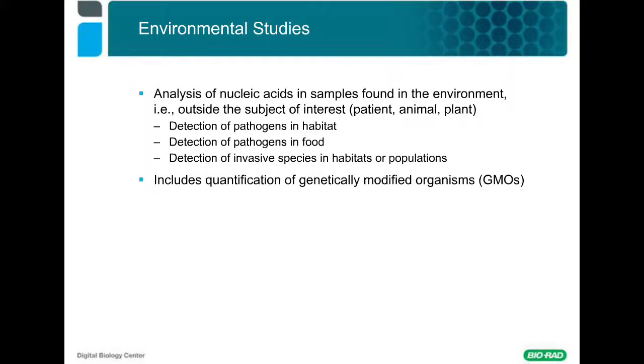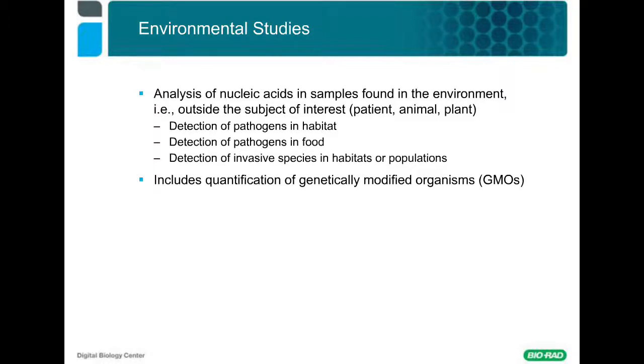What is understood as environmental studies? This is an umbrella term that can cover a variety of things, but for the purpose of this presentation, we limited it to the analysis of nucleic acids in samples found in the environment, that is, outside the subject of interest, whether this is a patient, an animal, a plant.